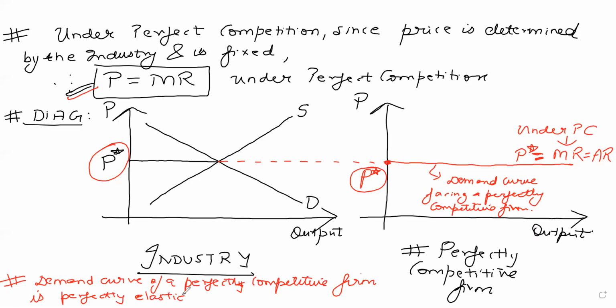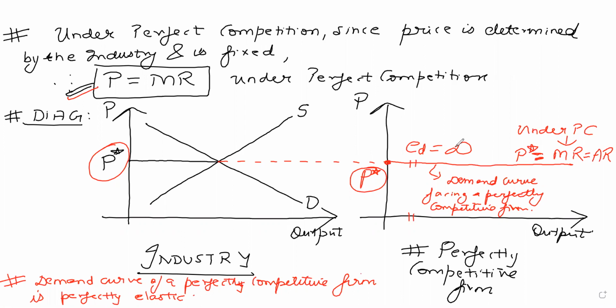Now, students who have attended my lectures on elasticity in the introductory microeconomics course very well know that if the demand curve is parallel to the x-axis, elasticity of demand is equal to infinity. That means such a demand curve is said to be perfectly elastic.